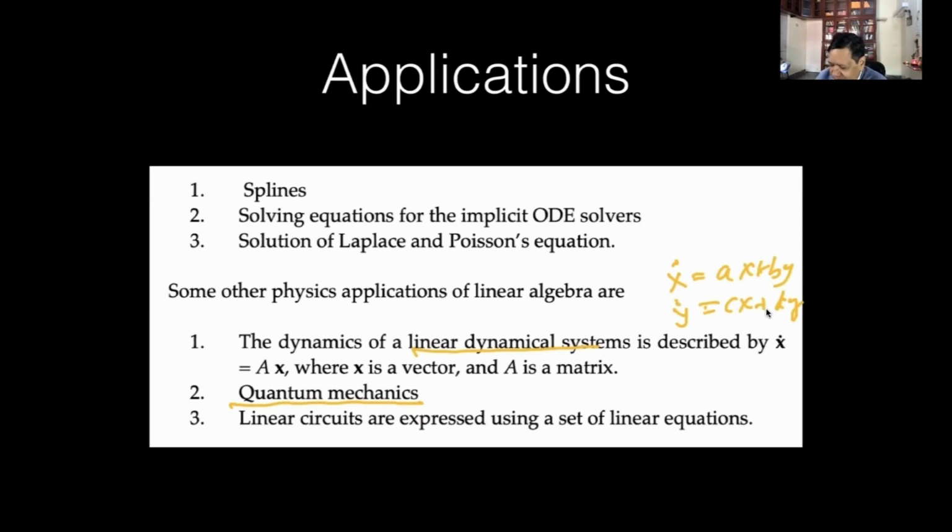Very interesting properties can be derived for these equations, and this is essentially formulated in terms of linear algebra. In fact, x dot, y dot, you can write as d by dt of (x, y) is a matrix A times (x, y). You might have seen this before in classical mechanics or quantum mechanics.